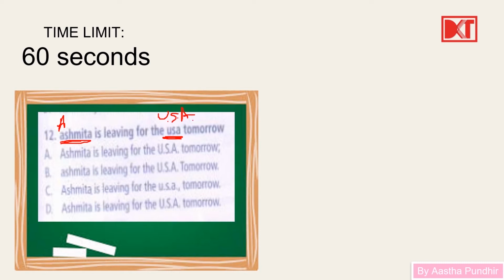And at the end of the sentence, we have a full stop. And after USA, we're going to separate these two clauses. Ashmita is leaving for the USA tomorrow. So separating these, we have a comma here. Correct answer is D.